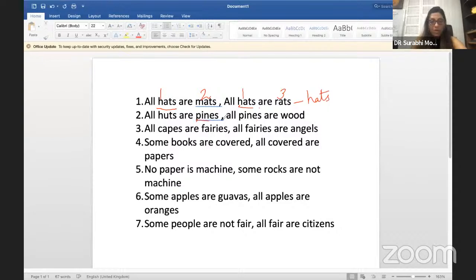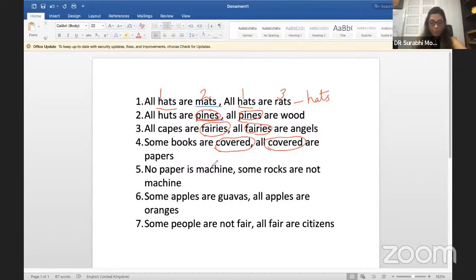The middle term over here is pines. The middle term over here is fairies. The middle term over here is covered.